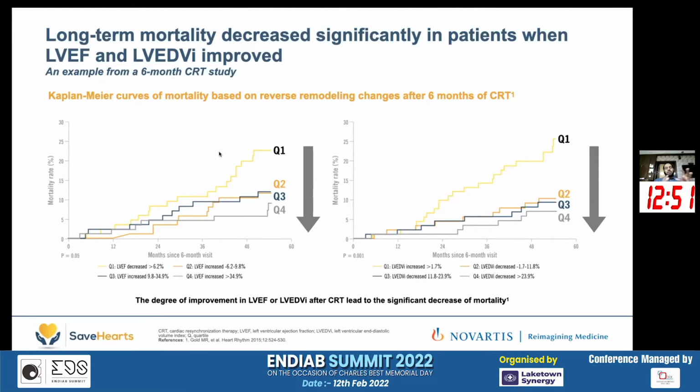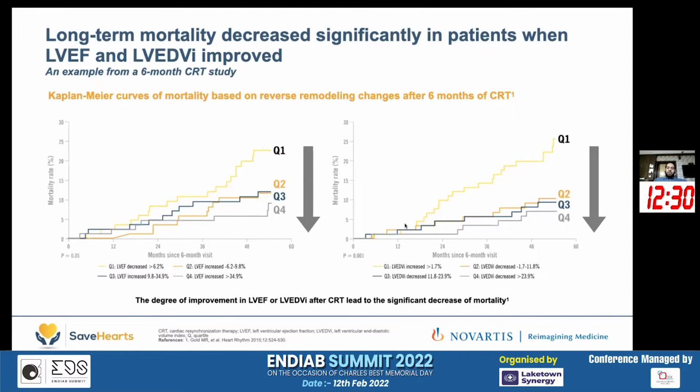So the ventricle, which otherwise would have bulged in one of the walls because of its contractility, once you give a stimulus and you help the wall to move synchronously with the septum, you often help in the remodeling that happens. And as a result, once there is an improvement in the remodeling over a period of time, you can see that the mortality rates definitely come down.